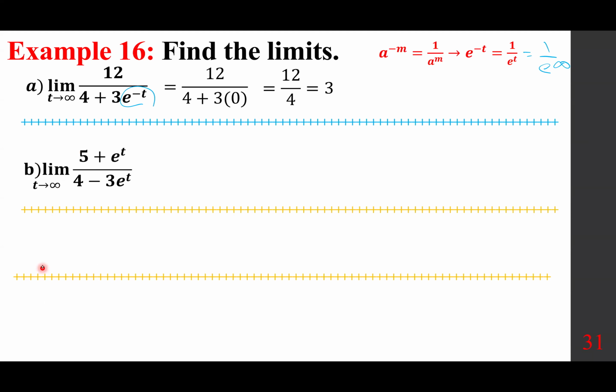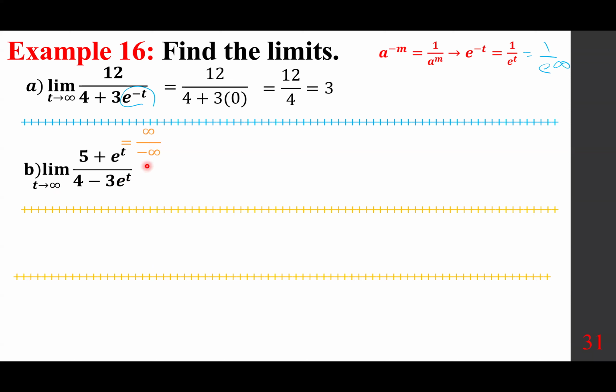What about this one? This is not a rational expression. It's a fractional expression because e to the power of t is a transcendental function. But the technique is the same because t is approaching infinity. You divide by the highest value in the denominator, which is e to the power of t. So divide everything by e to the power of t, because when you plug in, you get infinity over negative infinity.